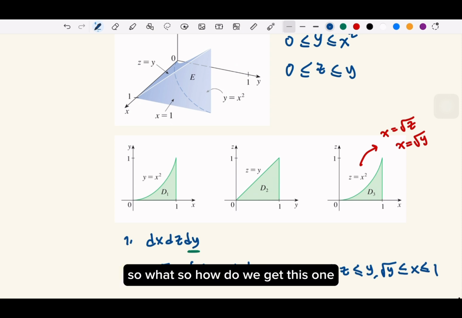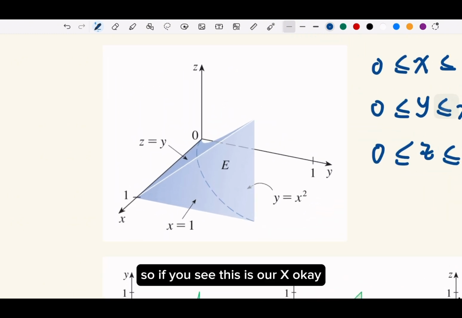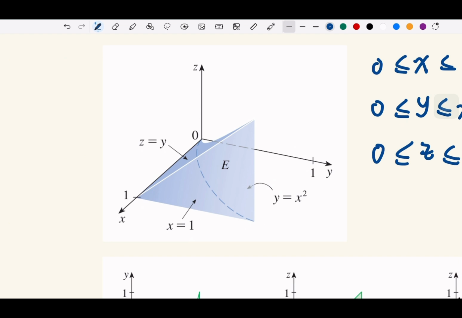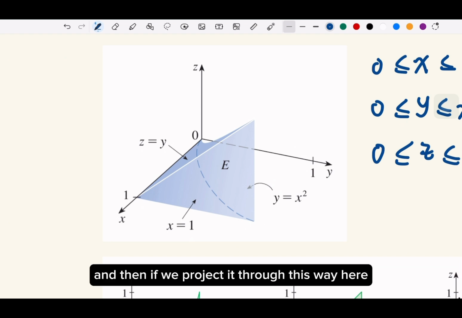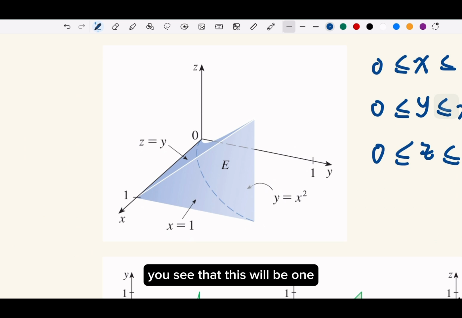So how do we get this 1 and square root of y? It starts from here. So if you see, this is our x, and then if we project it this way, you see that this will be 1.